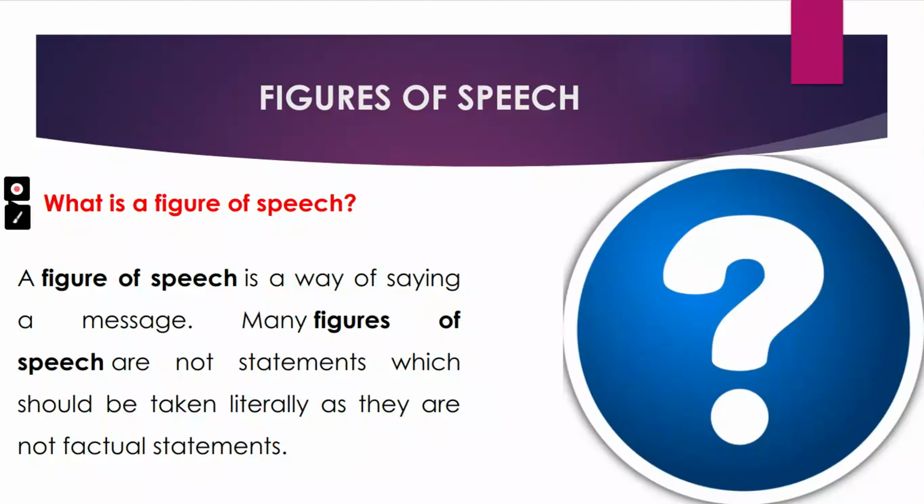However, what is happening here is that I have compared him to a lamppost in order to convey the meaning or the idea that he is tall and he is slim. So that reinforces the idea that when we talk about a figure of speech, it is not a literal factual statement. Instead, it is seen as a creative way of conveying a particular meaning.